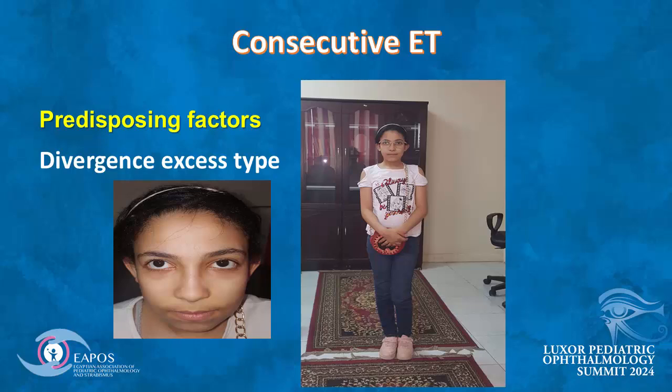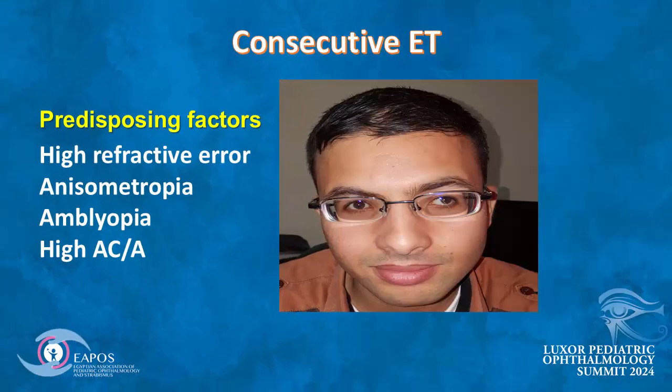Also, it's more common to find consecutive exotropia in the divergence excess type of intermittent exotropia. Here, the incidence of consecutive exotropia is higher than in other types of intermittent exotropia, such as the basic type and others. Other predisposing factors are high refractive error, high myopia and hypermetropia.